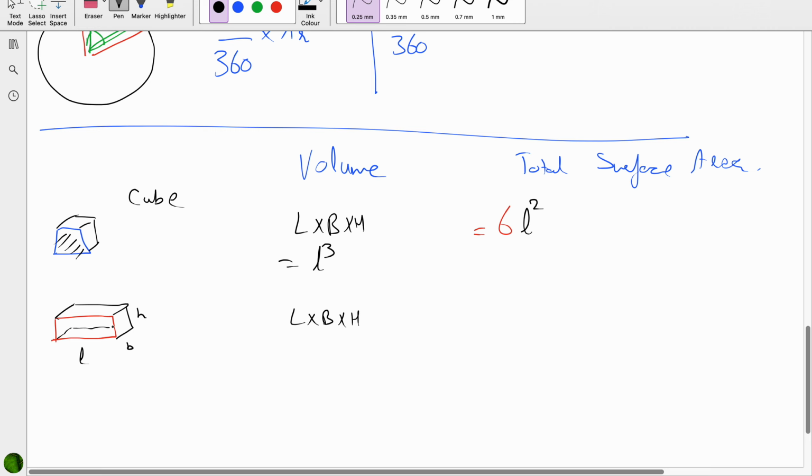If I talk about the bottom, that is length into breadth, which is actually 2 times, as the top face and the bottom face both are the same. Plus the face on the right side is breadth into height, which is again 2 times, as it is on the left as well. And the two faces left, this one in green at the back and at the front, is length into height, and all of this is 2 times.